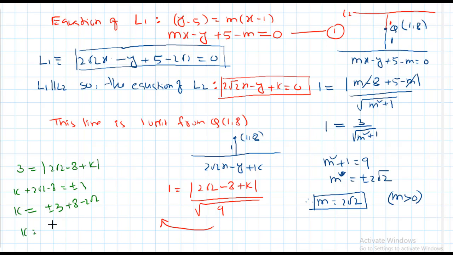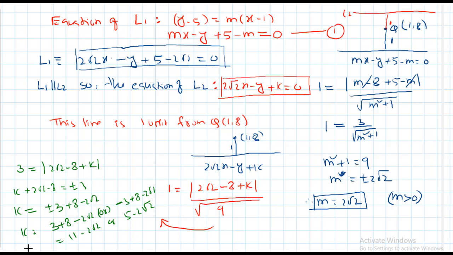Means k equal to 3 plus 8 minus 2 root 2, or minus 3 plus 8 minus 2 root 2. That is 11 minus 2 root 2, or 5 minus 2 root 2.